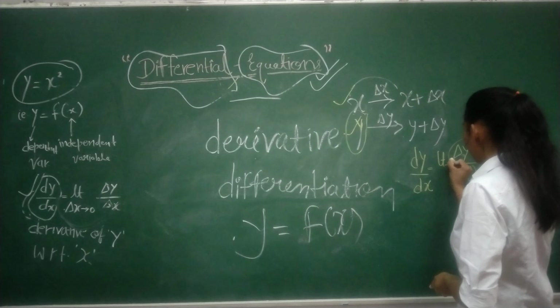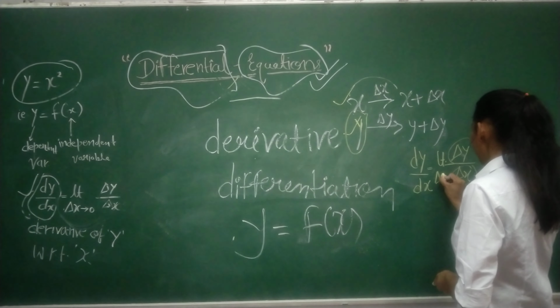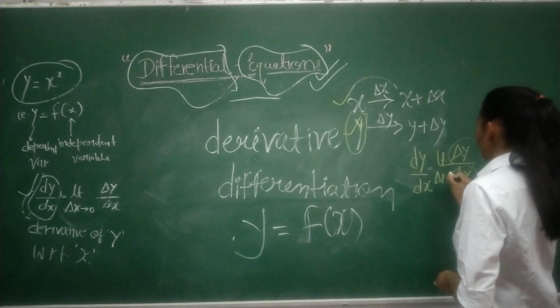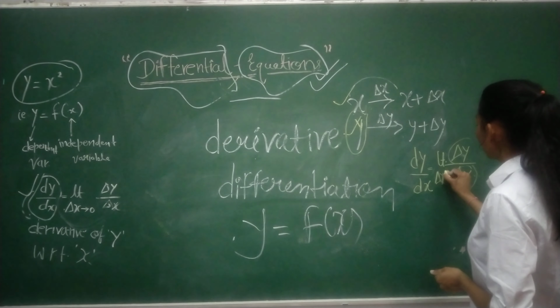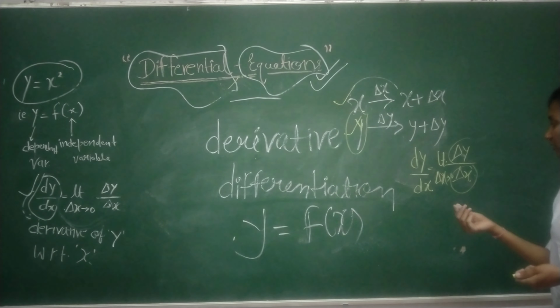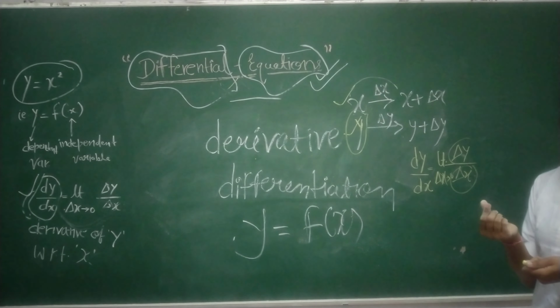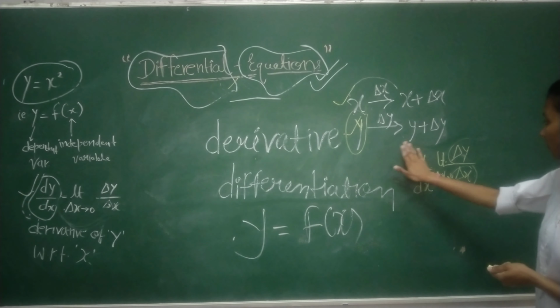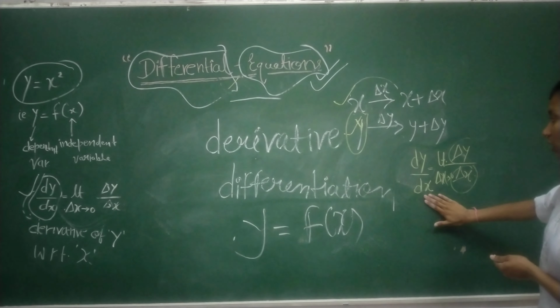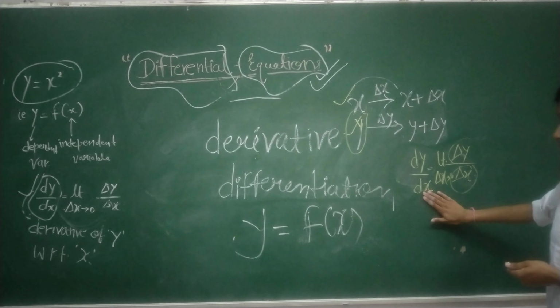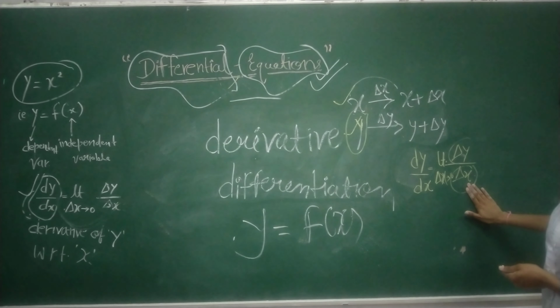When we apply the limit delta x tends to 0, that is, when we take a minimal difference in x, then how it will affect y. This is called the derivative of y, or rate of change of y with respect to x.